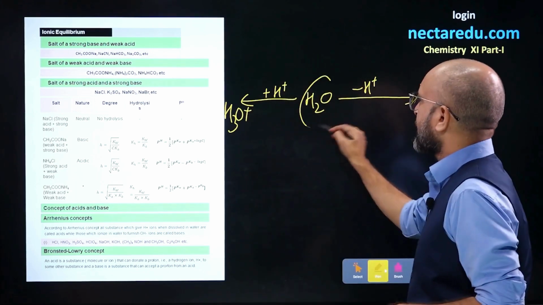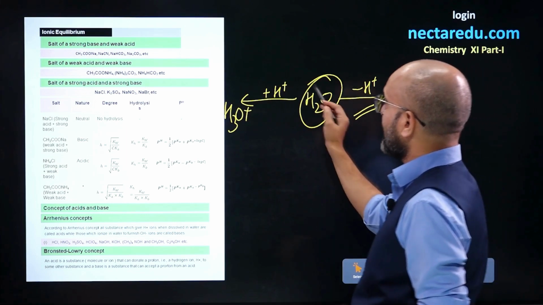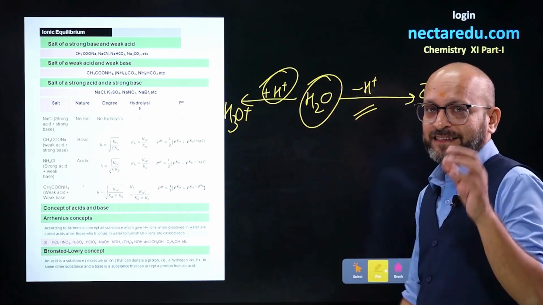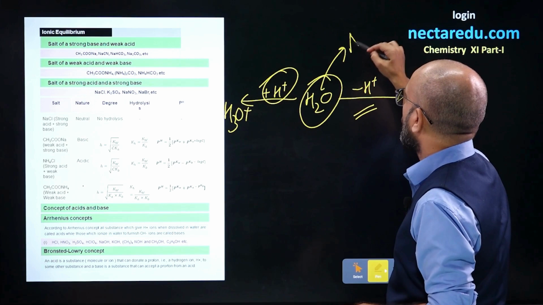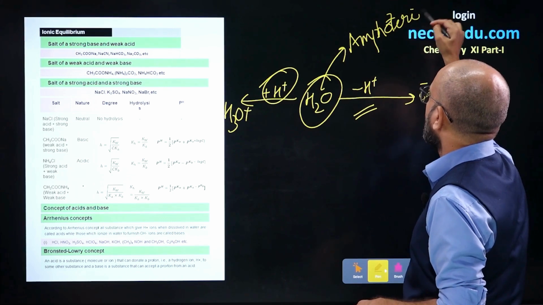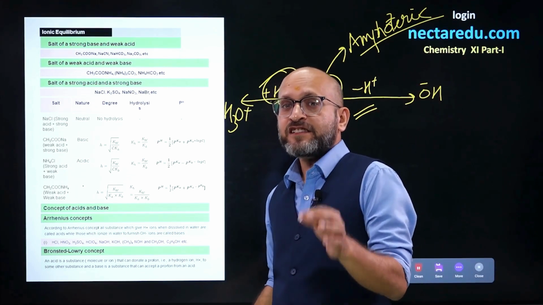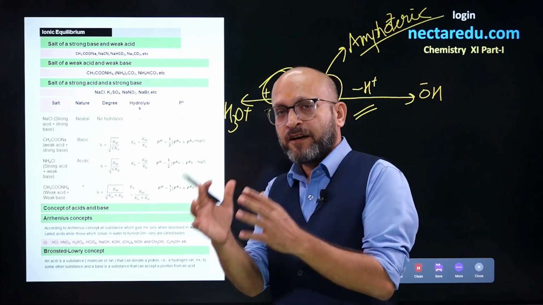So water can act as acid by giving H plus, and it can behave as a base by accepting H plus. So we call water amphoteric. There is a term called amphoteric species, which can act as acid as well as base.